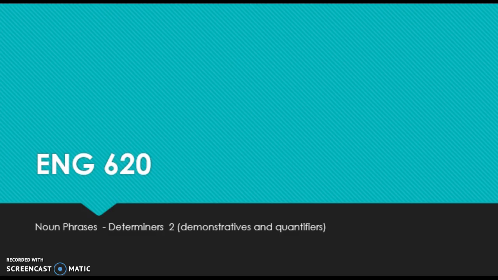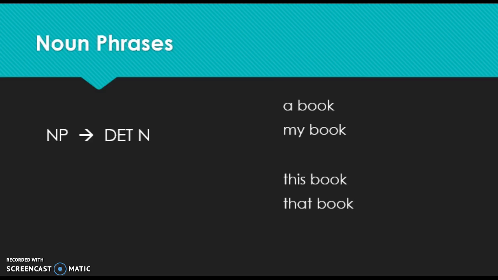In this screencast, we're going to continue our discussion of noun phrases in English, looking at demonstratives and quantifiers as different subtypes of determiners. Last time we talked about how noun phrases in English take the syntactic structure of determiner plus noun, and we had the examples of a book and my book, the article, a noun phrase with an article, and a noun phrase with a genitive.